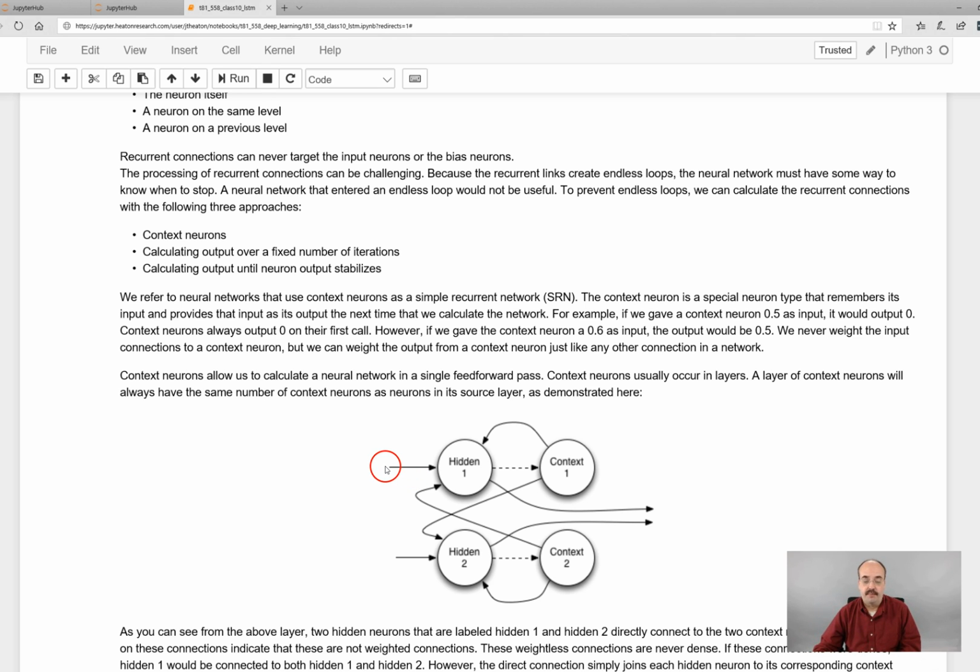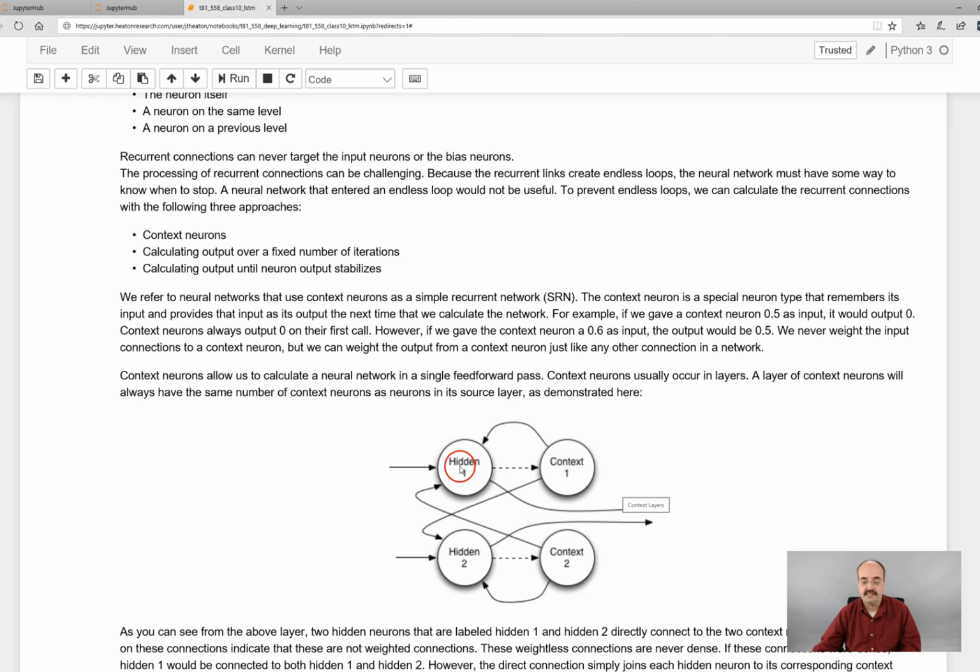So you have the input: input 1, input 2, going into hidden 1 and hidden 2. These neurons output something based on the weighted sum of values that come into them and then the activation function. In classic neural network processing, that output would just go on to the next layer or out of the neural network if this was the final layer.